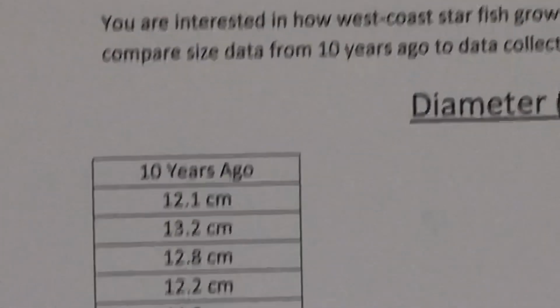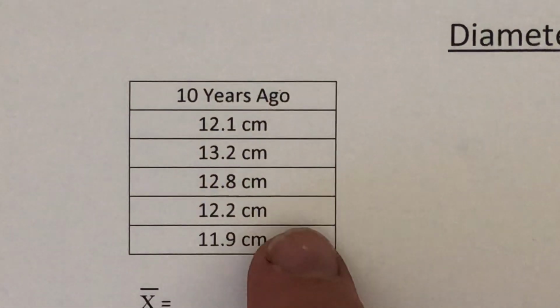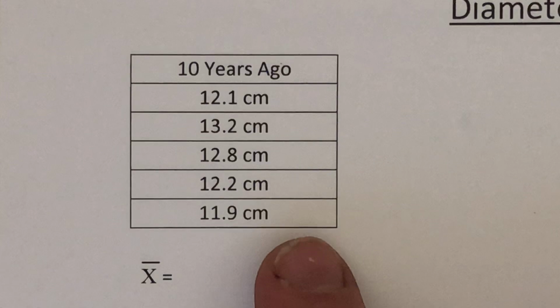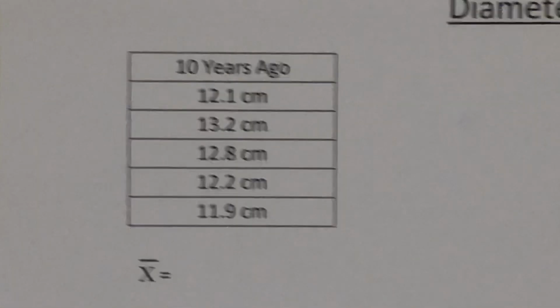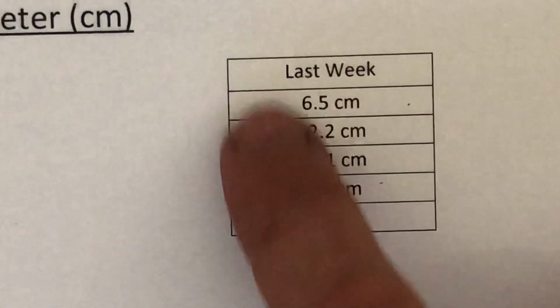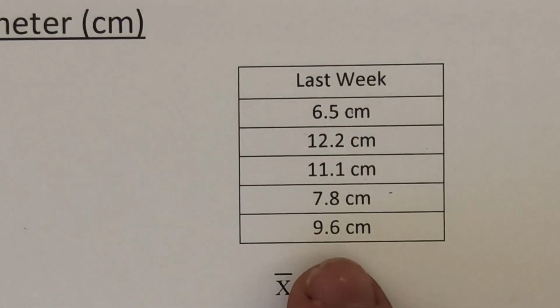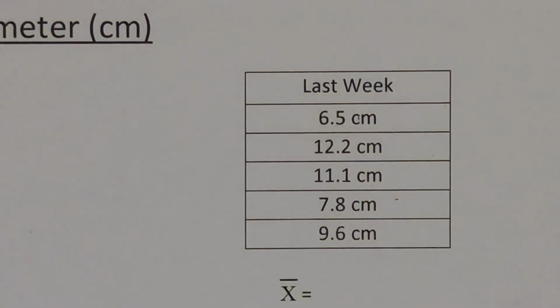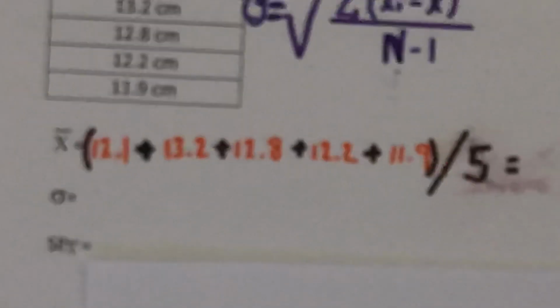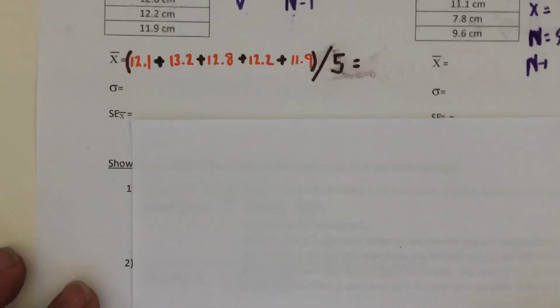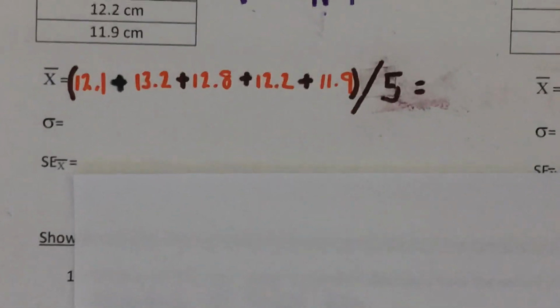So let's do that first. I'm going to go through this entire example of finding standard deviation and standard error with these starfish. And when I'm done, you guys will do the same thing for last week's starfish, and then you're going to graph those and turn that graph in to me. So I'm going to start off with the average for those from 10 years ago.